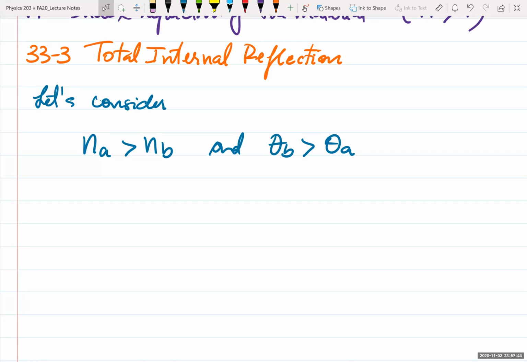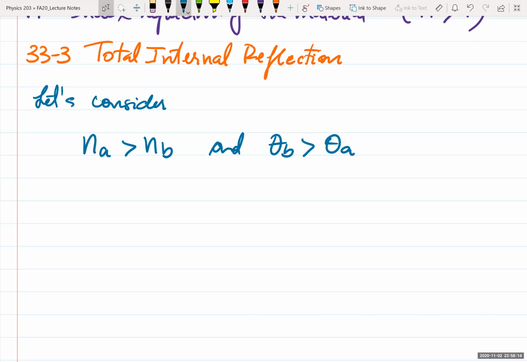Since the refracted ray is bending away from the normal, as you make theta sub A larger and larger, theta sub B is going to go farther and farther from the normal. The refracted rays are going to get closer and closer to the horizontal.